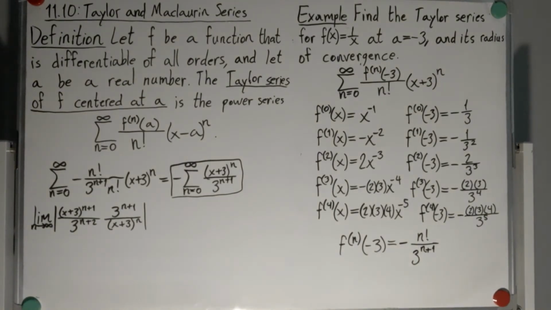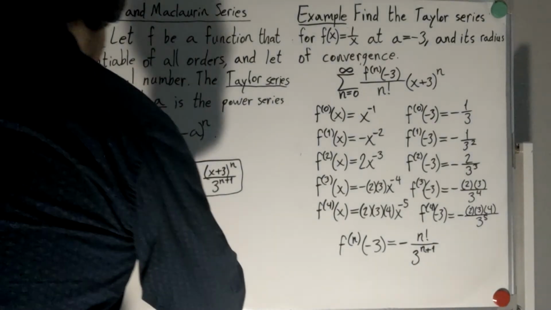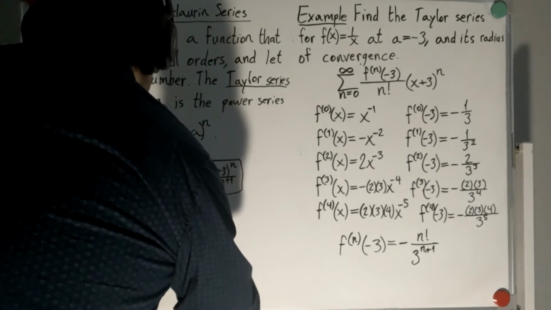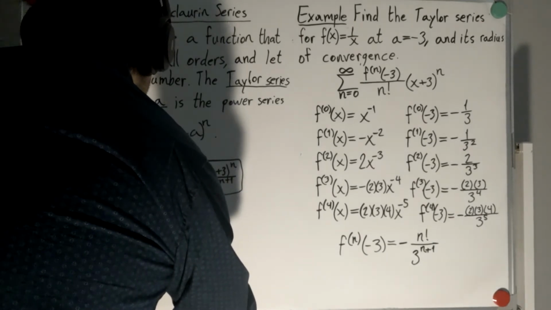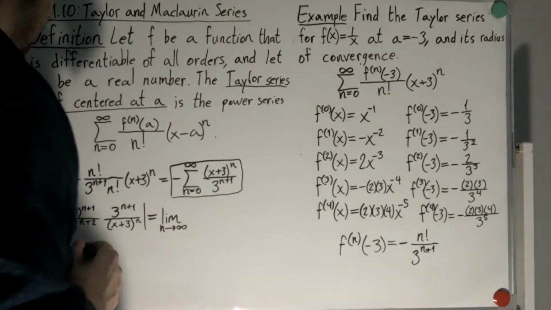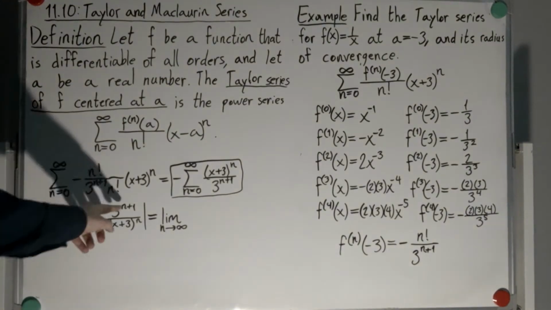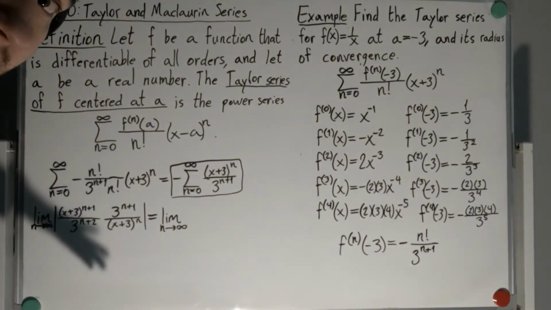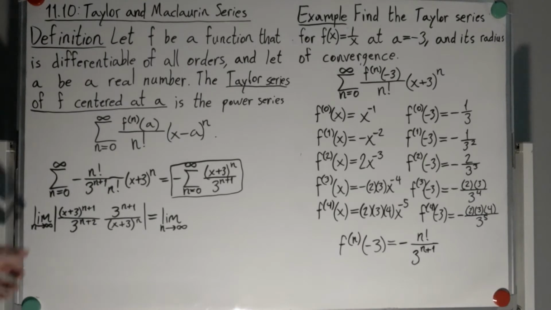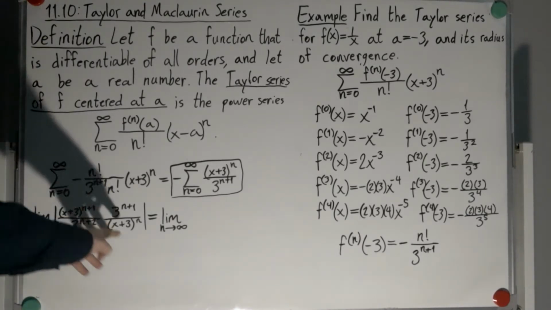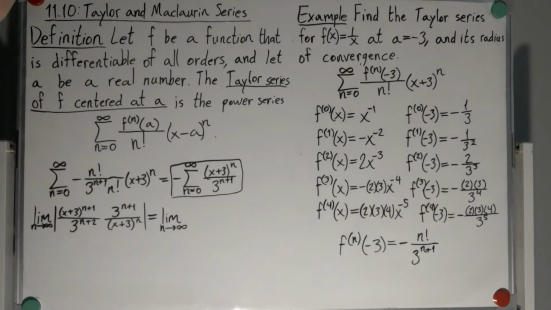Anyway, this thing is just going to be the limit as n approaches infinity. Let's see here. We're going to have n plus 1 copies of 3 canceling, and what we're left with is just 3 in the denominator. And we're going to have n copies of x plus 3 also canceling, so we're just left with x plus 3 in the numerator.